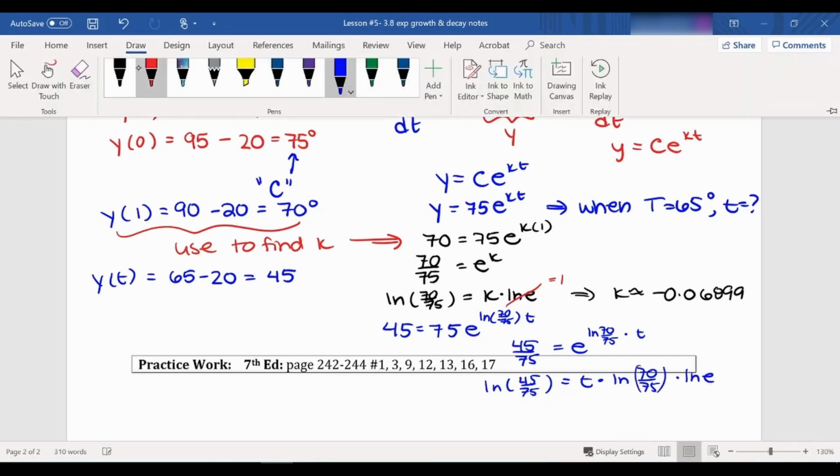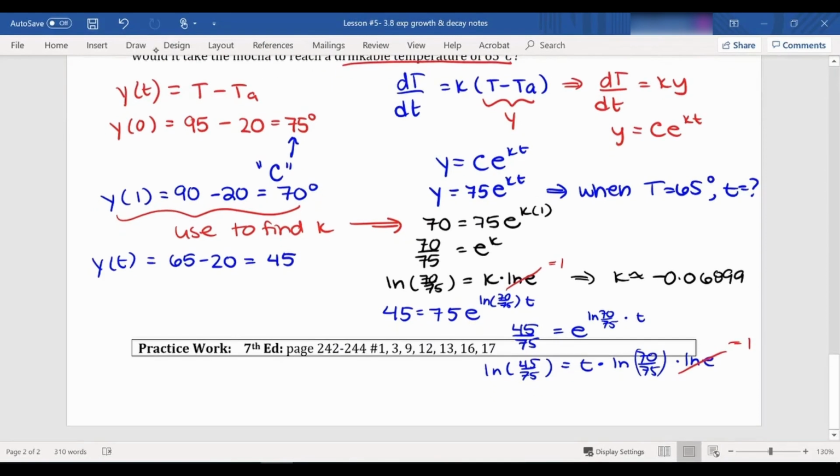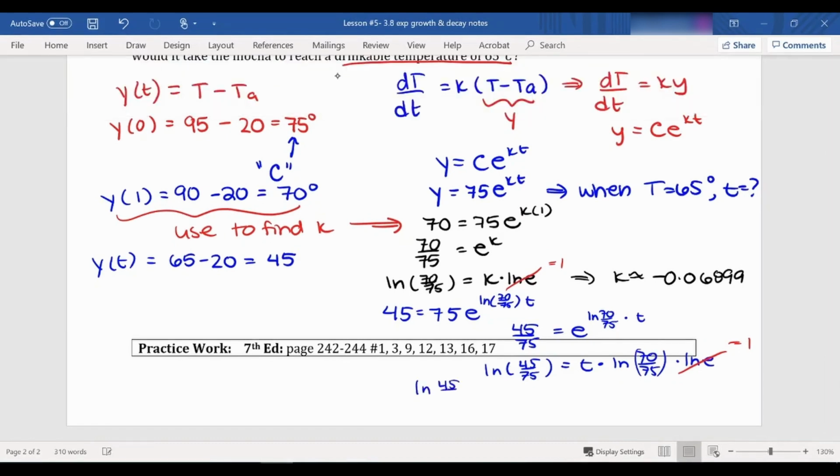Again, ln e is just equal to 1. And then I would have to divide both sides by ln 70 over 75. And so we get that t is approximately 7.404 minutes.